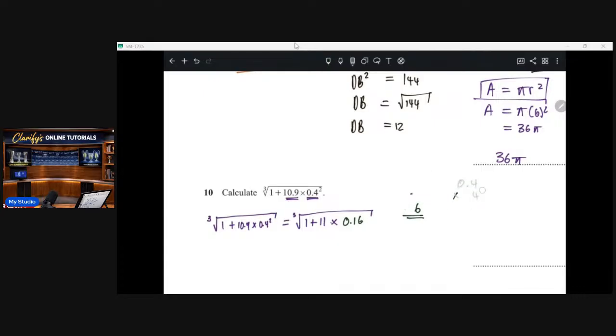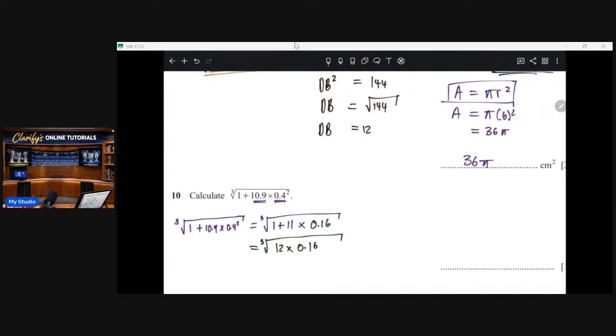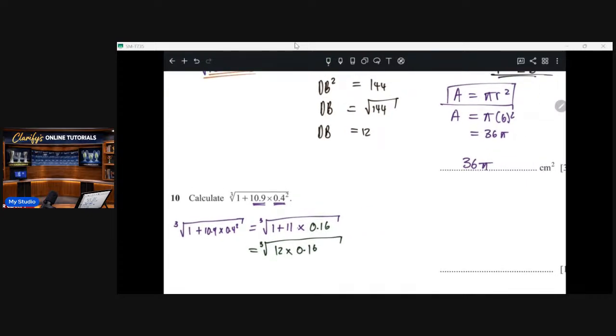So we have changed 0.4 squared to be 0.16, which means you want the cube root of 12 times 0.16. That's what you want the cube root of. Are we together? Students, can you get it without using a calculator?